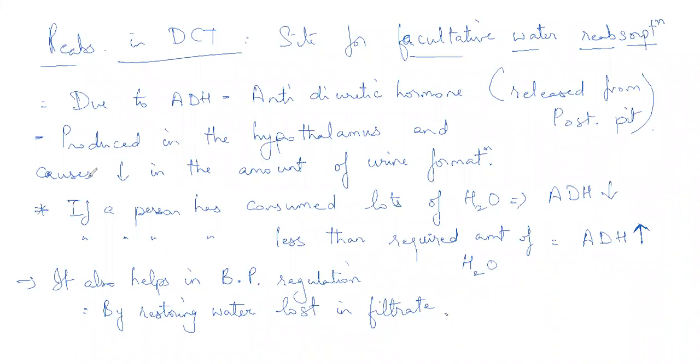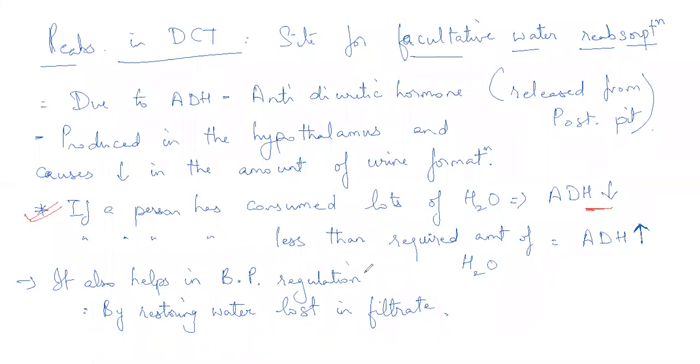So whenever a person has consumed lots and lots of water, the ADH would decrease. This would lead to an increased amount of urine.